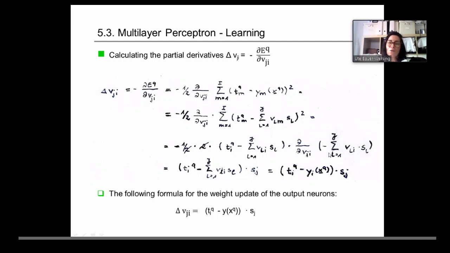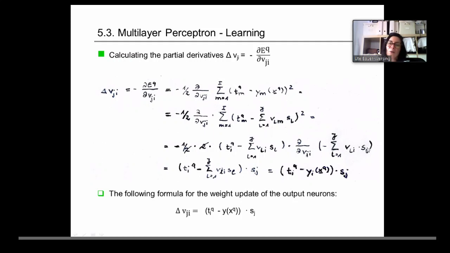This is again not very complicated, because only one of these terms, summings of the complete sum, contains Wji, right? The term where l is equal to j.